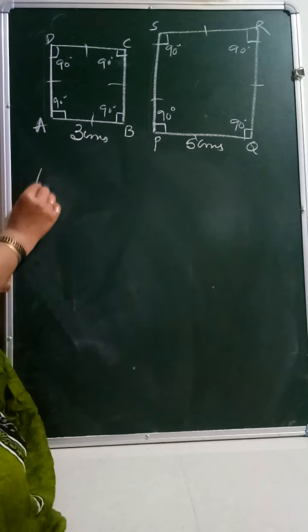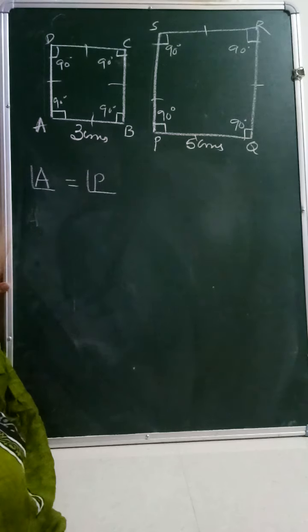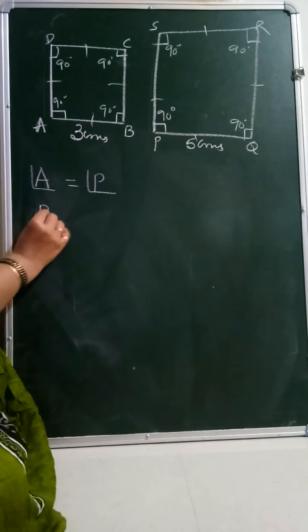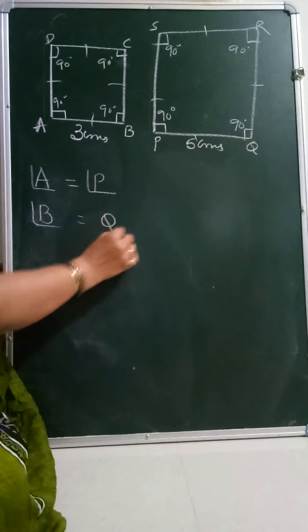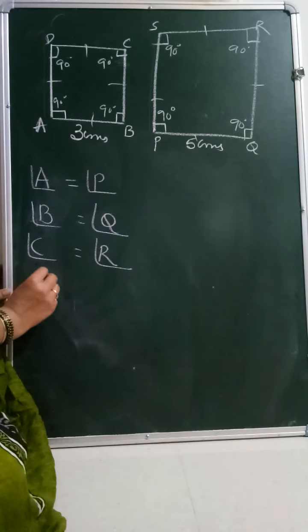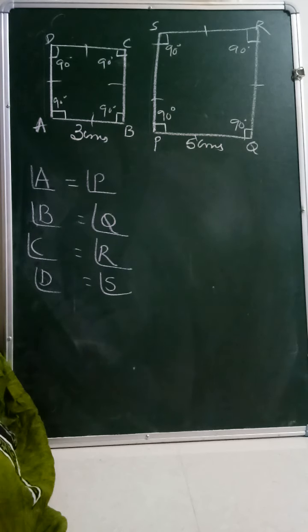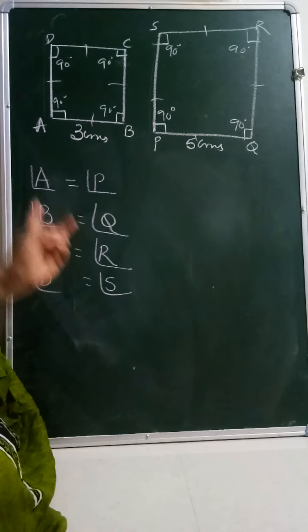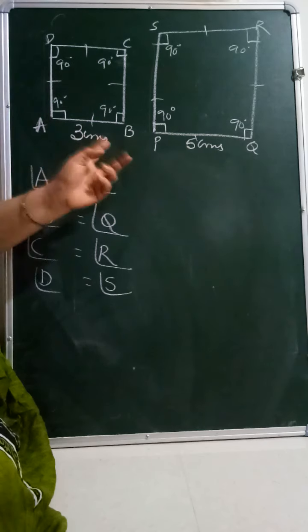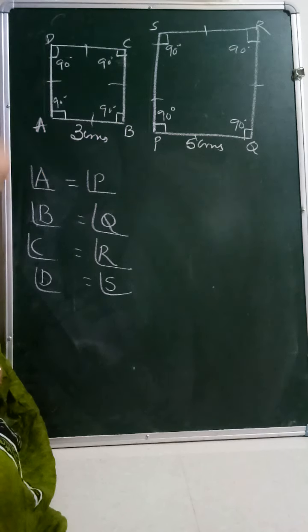Angle A must be equal to angle P. Angle B is equal to angle Q. Angle C is equal to angle R. Angle D is equal to angle S. Looking at this figure, we concluded that corresponding angles are equal according to the property of a square. All the angles are equal.